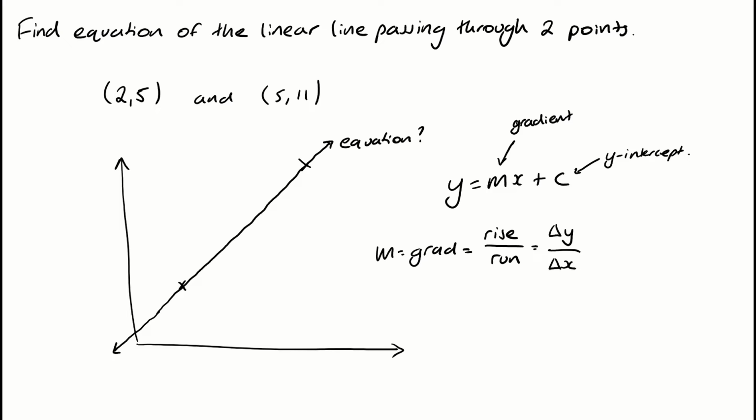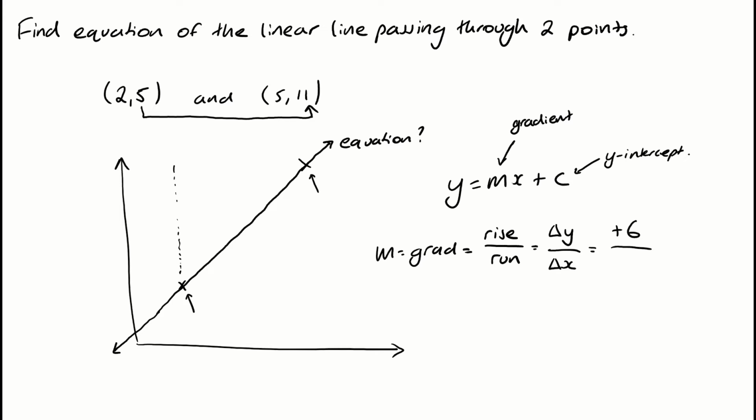Okay. Now, if I want to work out how much I've changed in y, well, let's see how much I've changed going from 5 to 11. Well, I've gone up 6 units. Okay, and you can see going from this point here to this point here, I've climbed upwards 6 units. So I've gone positive 6 in my y-axis.